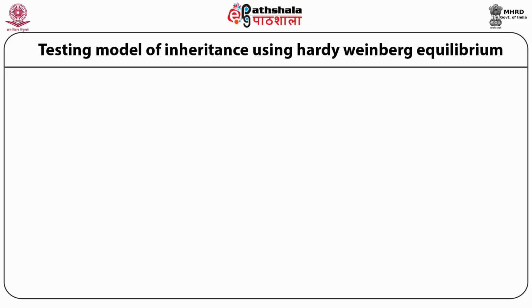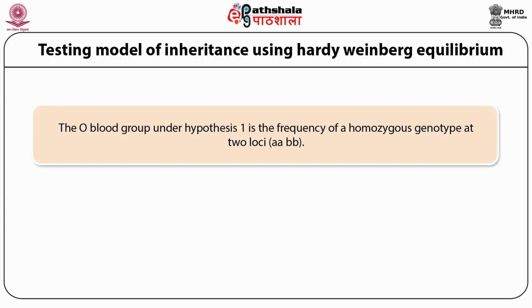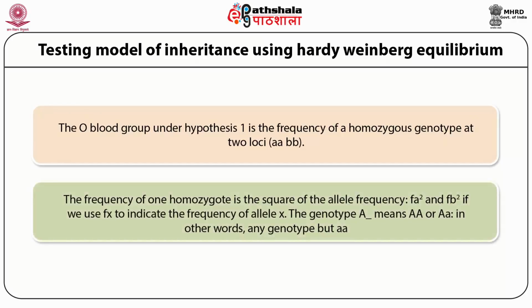For example, the O blood group under hypothesis 1 is the frequency of the homozygous genotype at two loci, which can be shown by both small letters, that is small a small a and small b small b. That means both alleles are recessive in nature. The frequency of one homozygote is the square of the allele frequency.